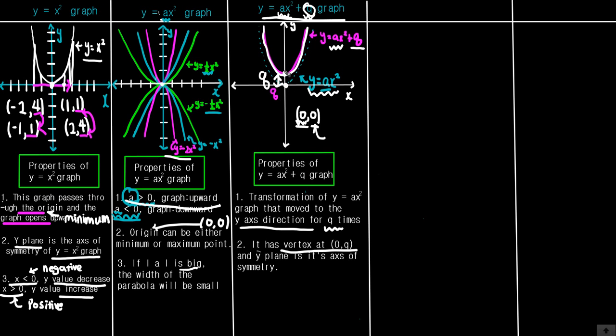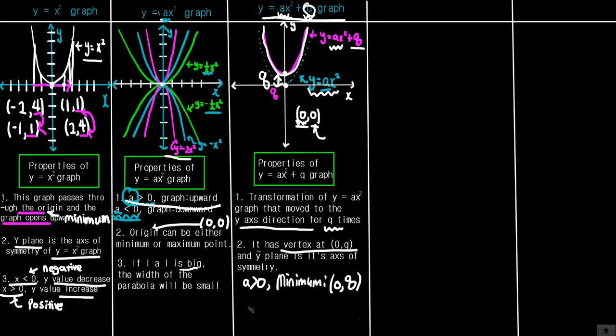The x value stays the same because the point is on the y-axis, so the x value is 0, and the y value will be q. So when a is greater than 0, the minimum point will be (0, q).